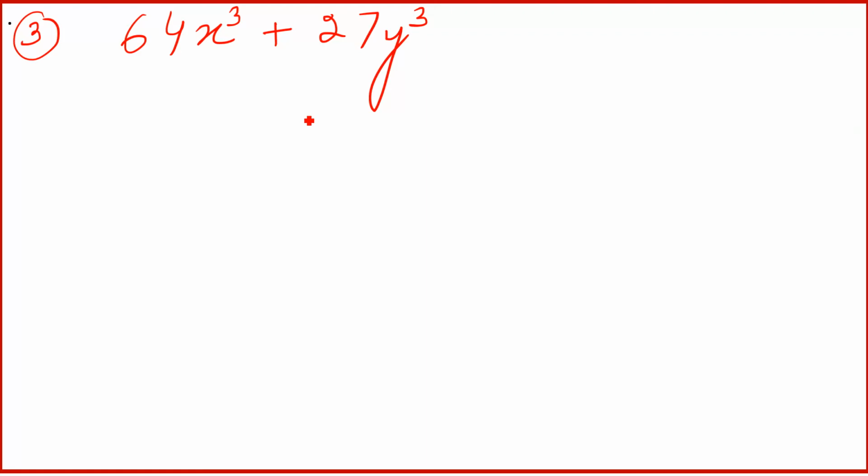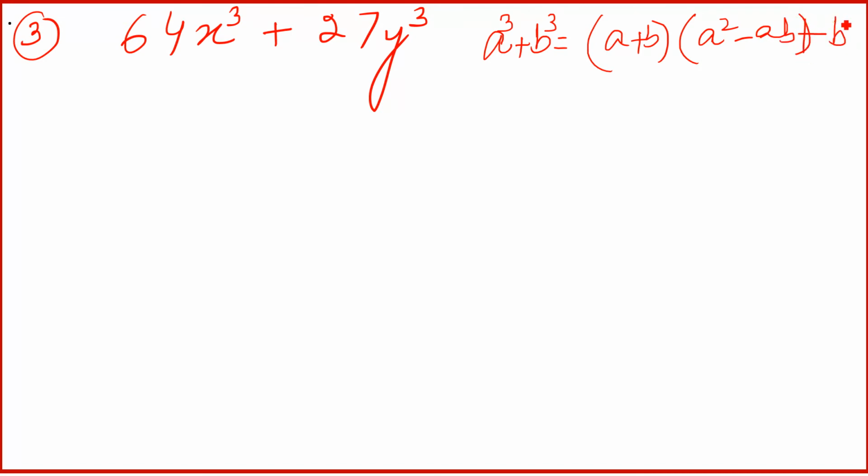Okay, move on to the third one. This is positive. So a cube plus b cube equal to a plus b, and then a square minus ab plus, this is plus b square, right? This is positive. So we will follow this formula.